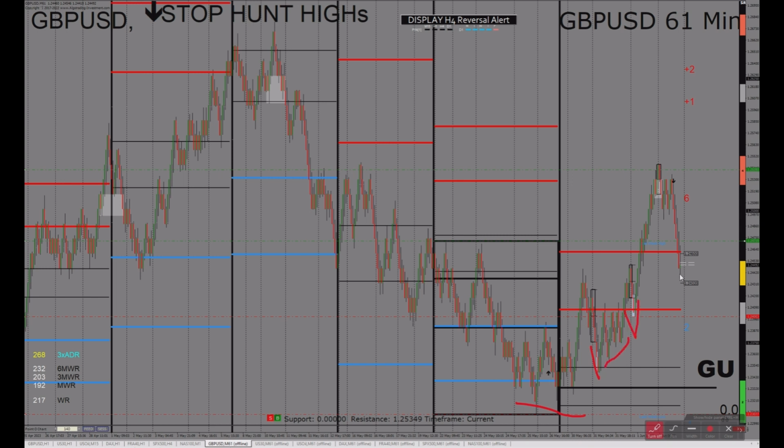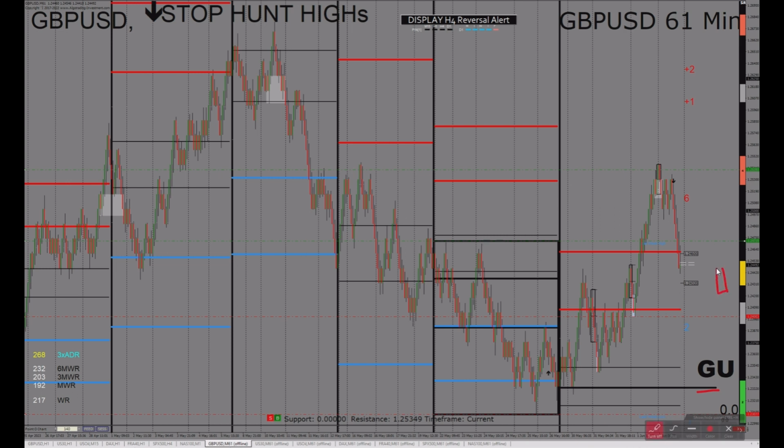So V, M. But this is a higher time frame, so we have a buy bias. Okay, we have strong support down here. We have a pivot point.